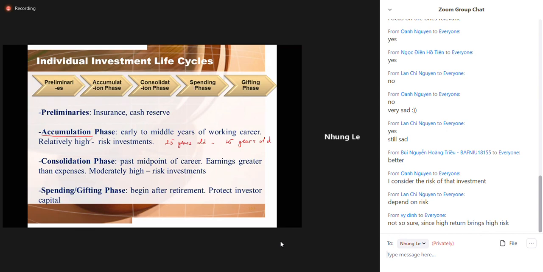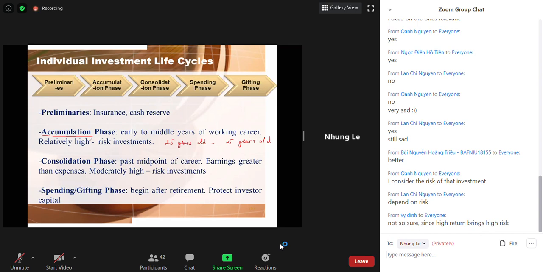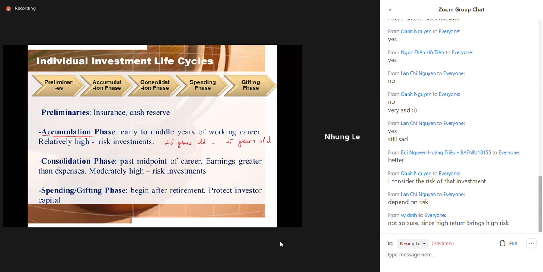And also they have many important things they have to do, like paying down the house, the car, and tuition fees for their children. That's why even though in this phase they really want to take risk for more money, we have to focus on the financial position to educate them that they can take risk, but not extremely high.